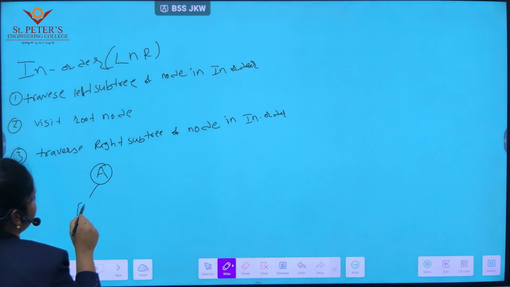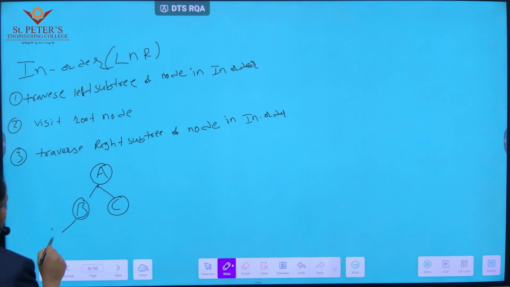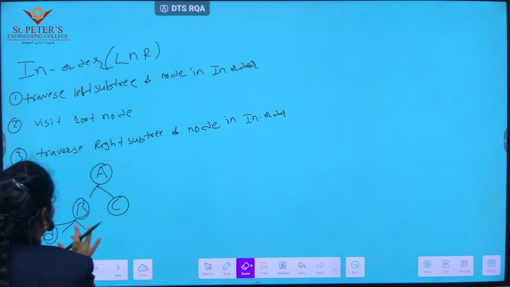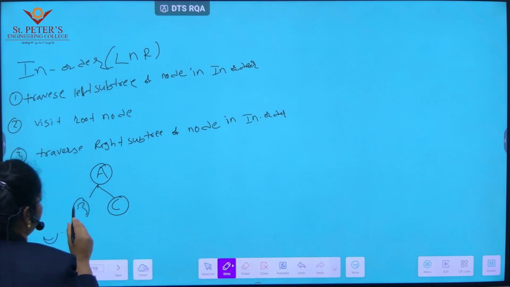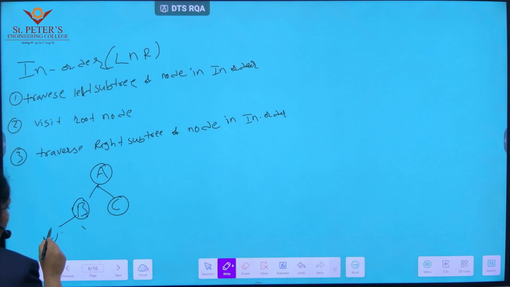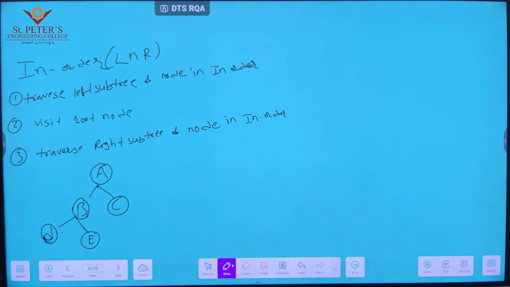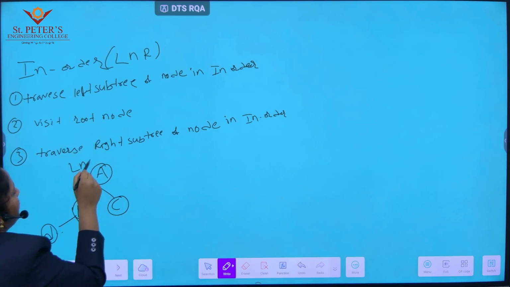A, B, D. So here I am applying each and every node, the three steps L, N, R.